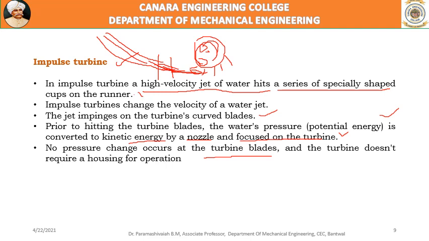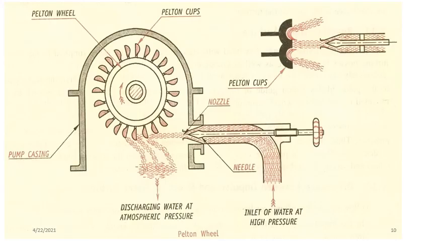Before entering the turbine, in the nozzle itself, the entire pressure energy is converted into kinetic energy, and there is no pressure change in the turbine. And the turbine doesn't require any housing for operation. Airtight housing is not required here. That is the speciality of impulse turbine.